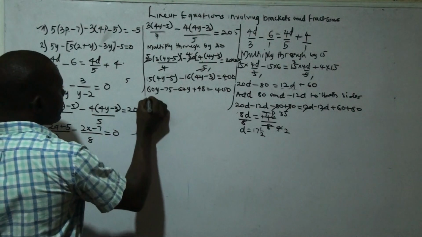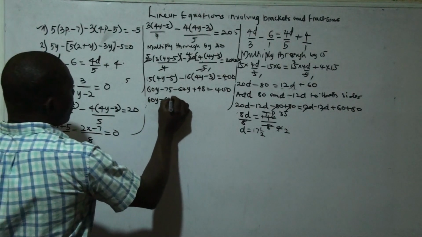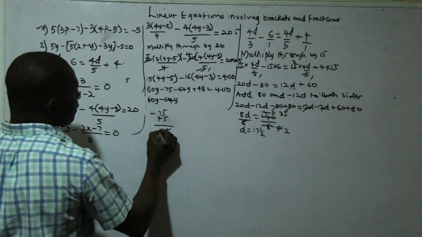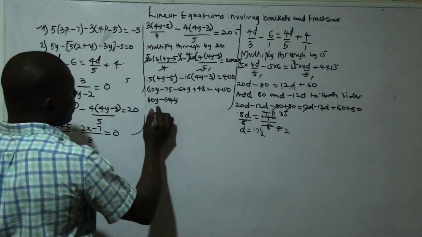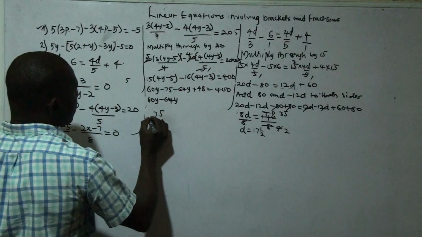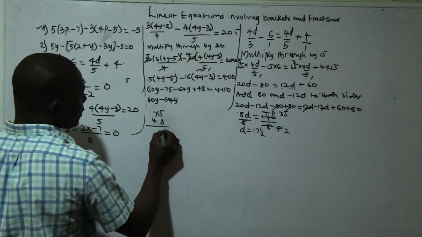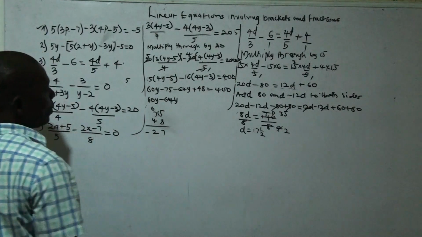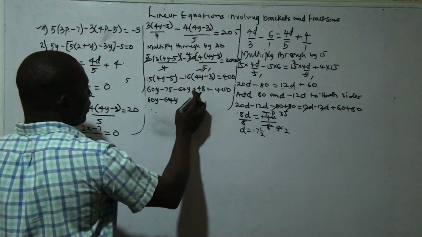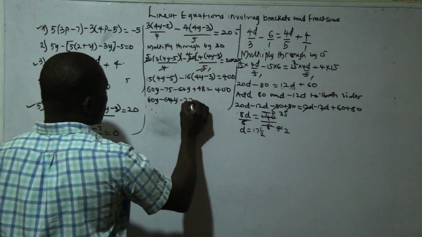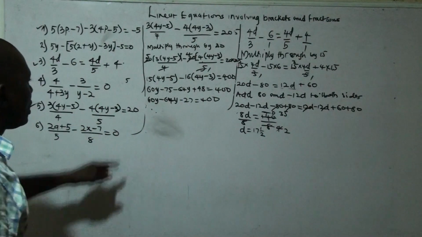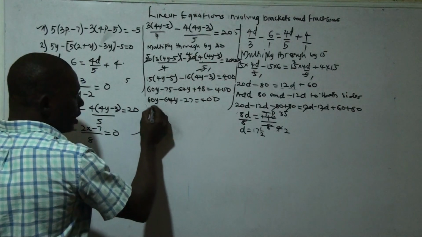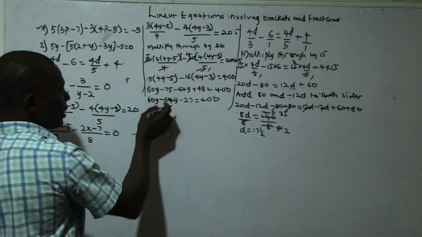So next step here is 60y minus 64y. Then minus 75 plus 48 will give us minus 27, is equals to 400. 60y minus 64y is going to give us a negative value here, because the number we're trying to subtract from is lesser.